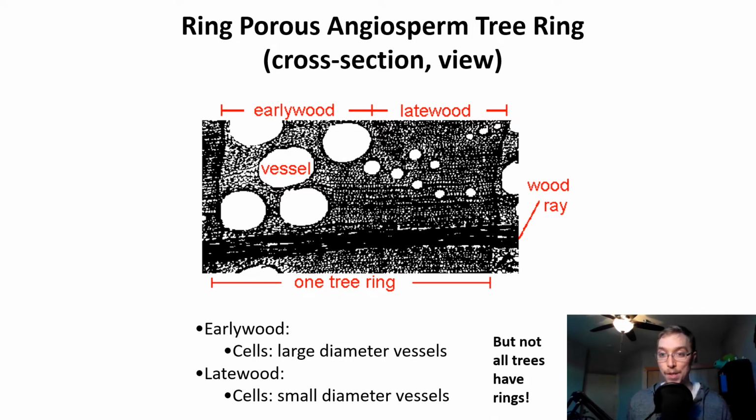But not all trees have rings. I don't have an example of it here, but if we take a second, we think, where would a tree not have a ring? Well, if we think about it, where would that tree not have variations in annual growth cycles? And if we think about that, where in the world doesn't have seasons?